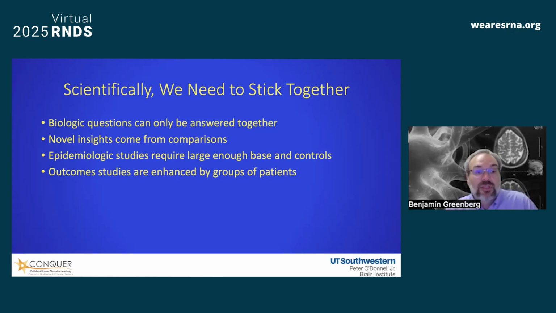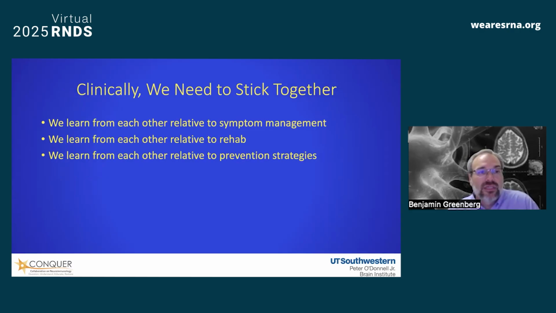It allows epidemiologic studies around rare disorders to achieve a certain size so we can understand the prevalence in a better way. And outcome measures that we use for clinical trials are enhanced if we can compare and contrast different groups. And so by having a big tent approach within our community, we advance science in meaningful ways.